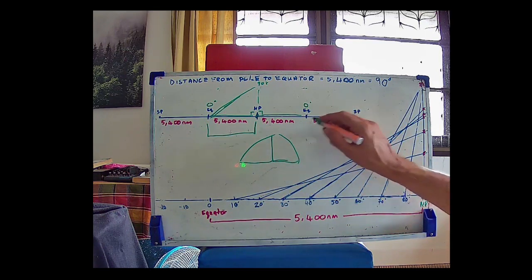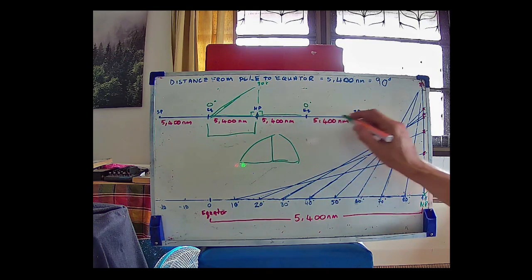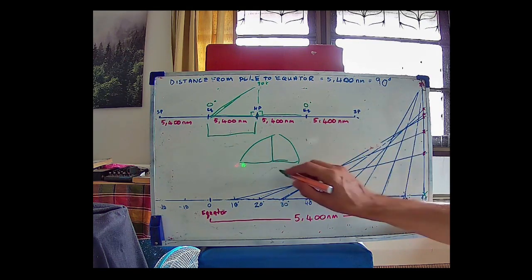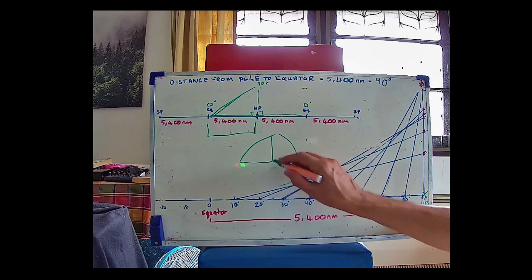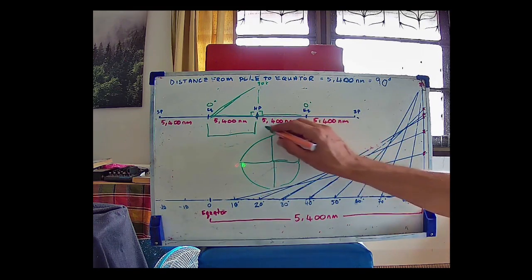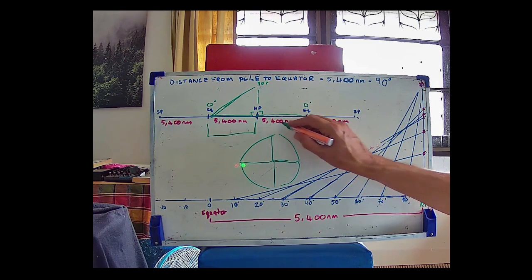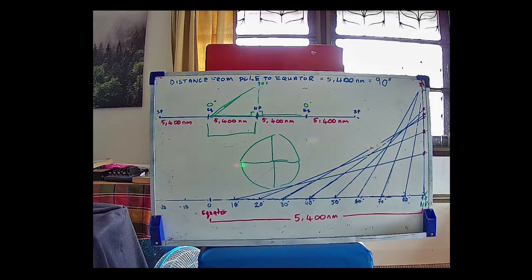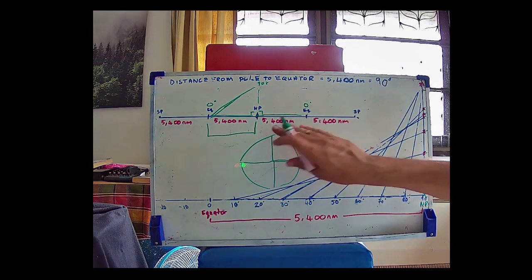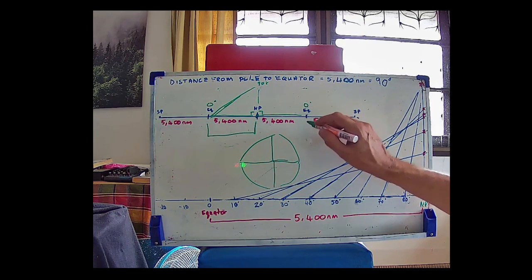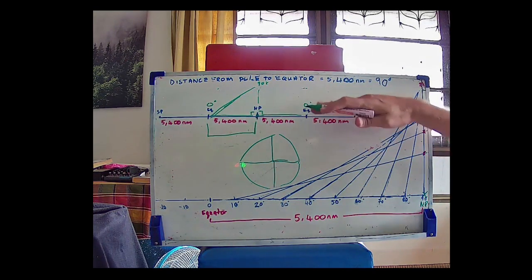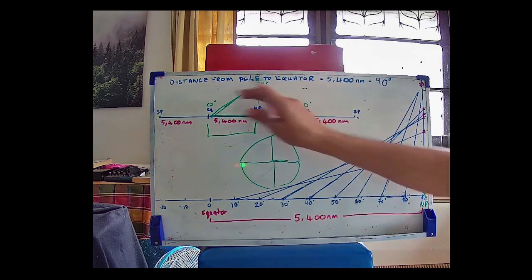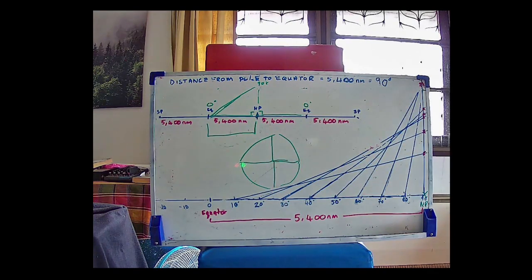And then these lines here, going from the equator to the South Pole, are simply another 90 degrees, because we've already established that 5,400 nautical miles is the same as 90 degrees. So really what we have is a straight line that is then folded around into this globe-like illustration, and we're able to do it because we're talking about degrees.